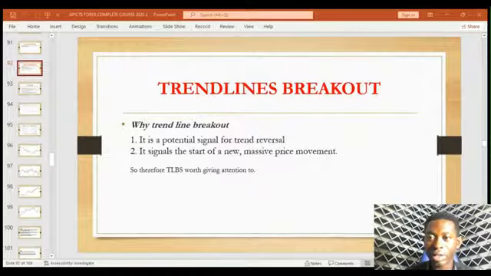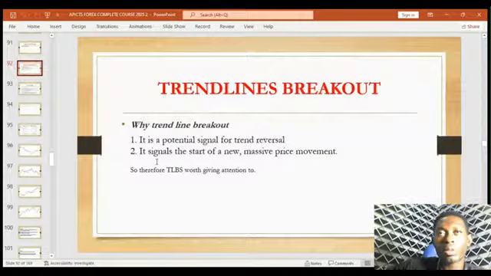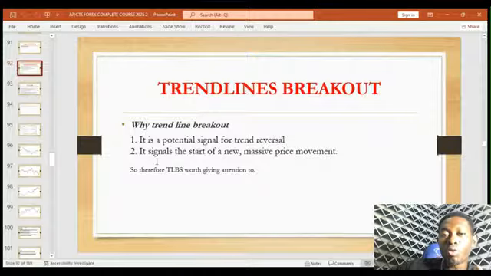Okay, beautiful. So let's continue. We said, why should we consider trend line breakout? It is a potential signal for trend reversal. When trend is reversing, a professional trader is paying attention because he wants to catch the move from the very beginning.